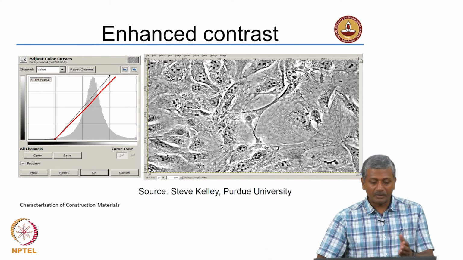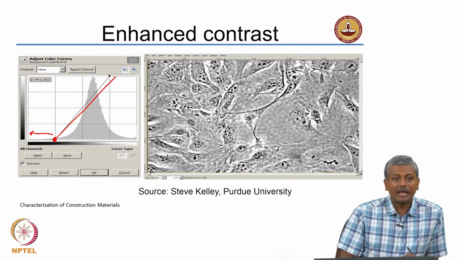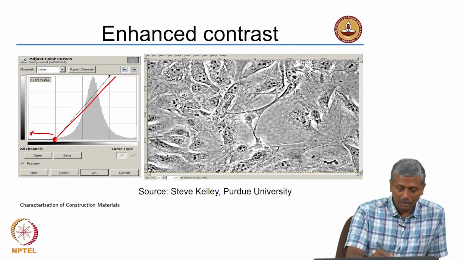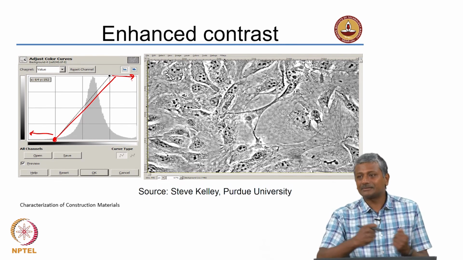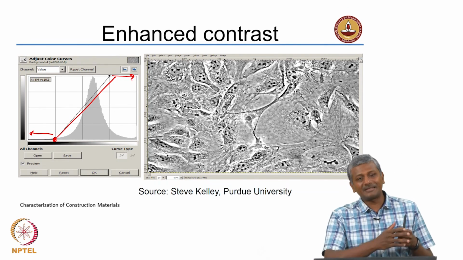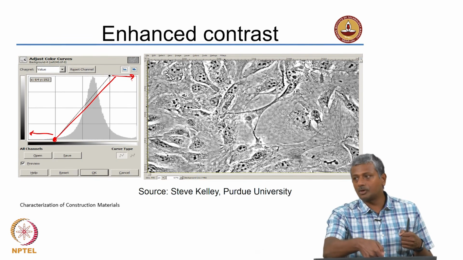In other words, all the objects which have a gray level below this have been turned to black and all the objects that have a gray level above this have been turned to white. So, we are increasing the sharpness, or increasing the rate of drop from black to white or white to black.